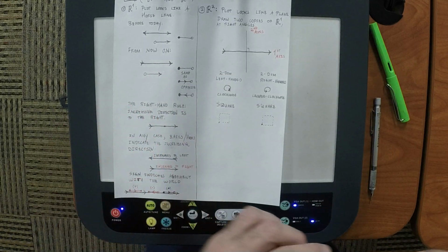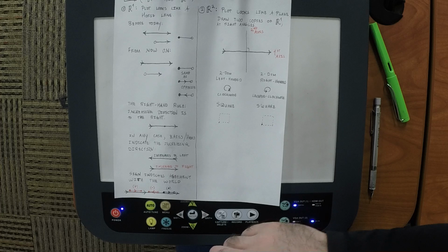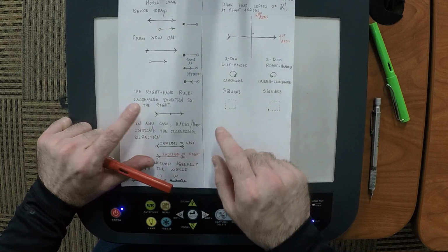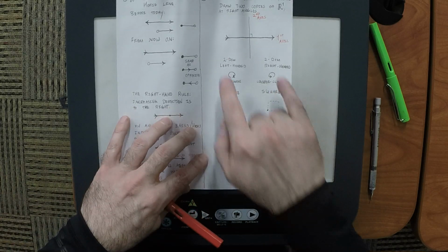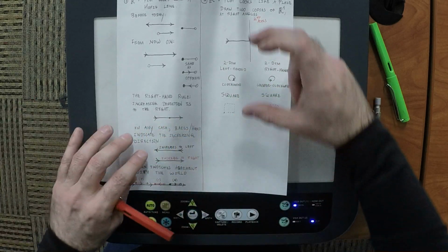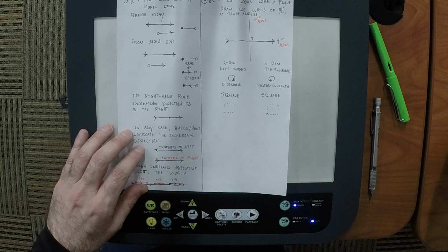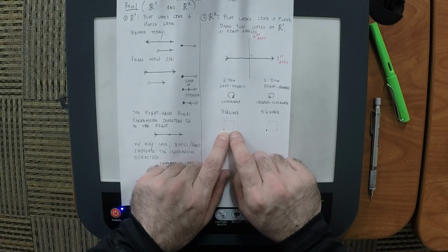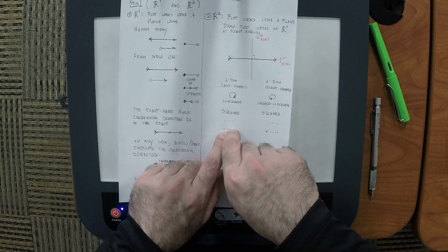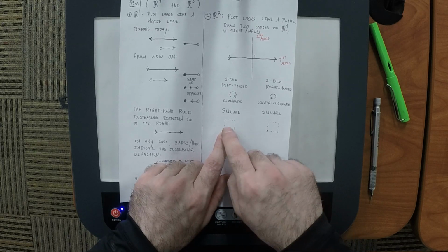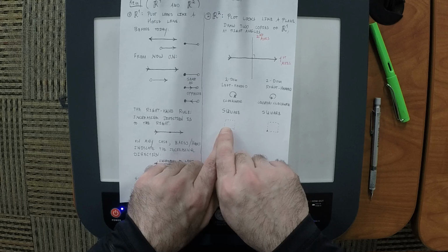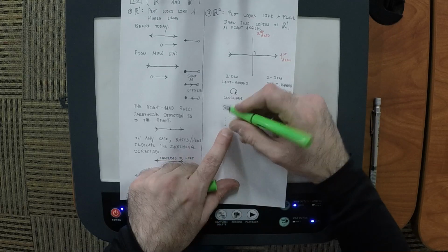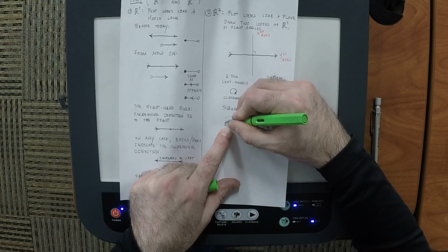And here's the way that we're going to draw the square. Notice that some of the square's sides are parallel to the first axis, and the other sides are parallel to the second axis. So in this case, for the left-handed situation, we're going to follow the second axis first. So from here, we're going to follow the second axis and go up.